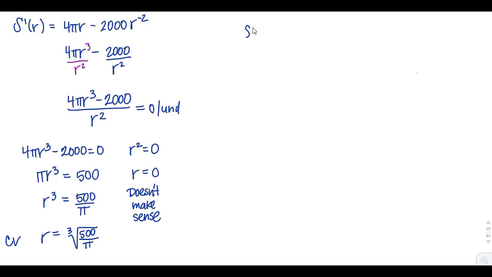So I have s double prime of r, so I'm going ahead, this is s prime, I'm taking the derivative. I'll get 4 pi and then plus 4,000 r to the negative 3. Or 4 pi plus 4,000 over r cubed. But the only thing is the r values are the radius of my cylinder.